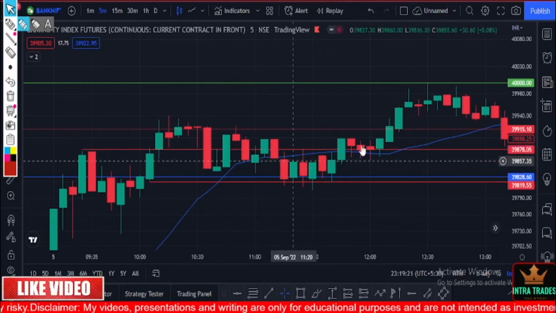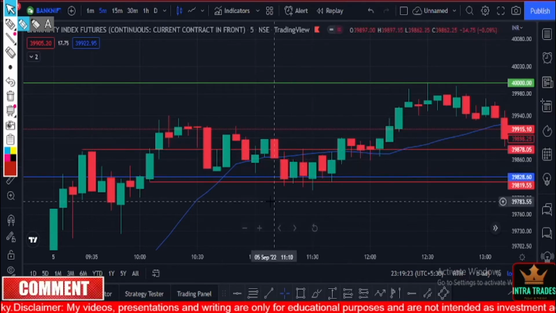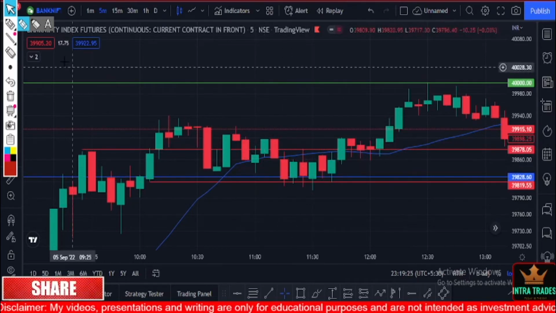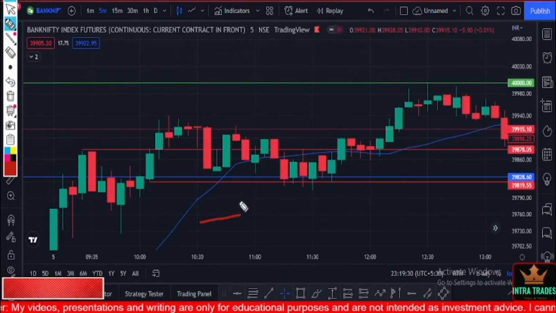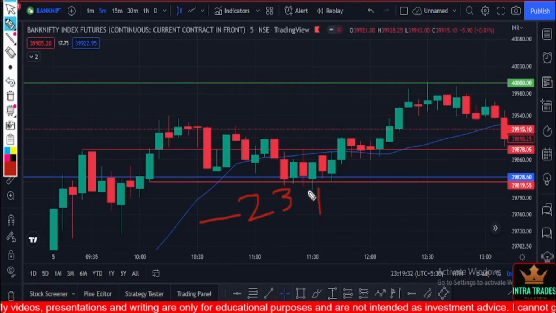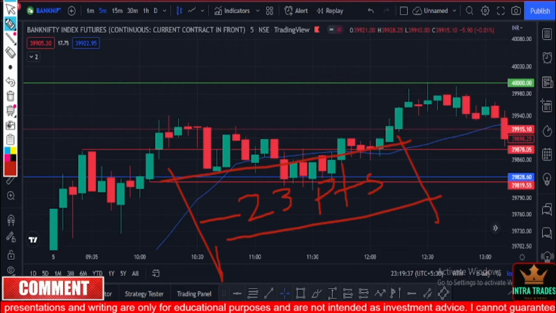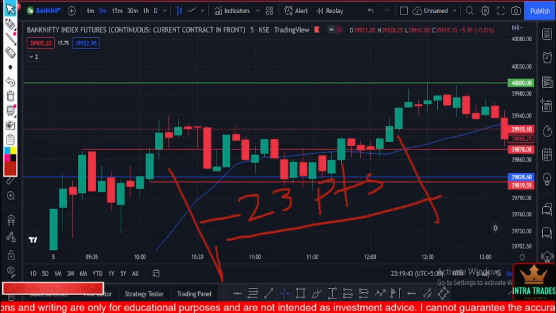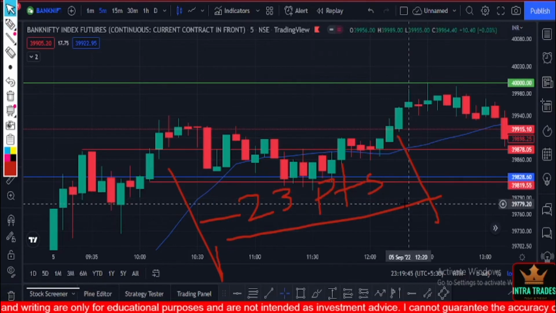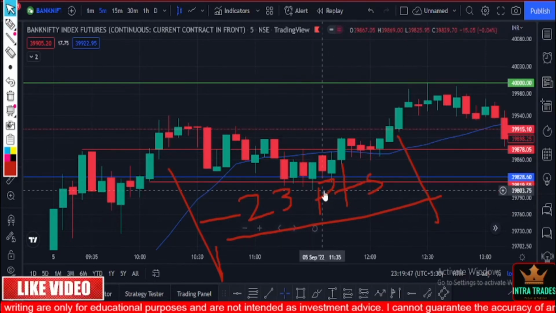It was sideways, so I decided to exit the trade at minus 23 points. Yes, it was a loss trade. I accept that, but I can take these 23 points by tomorrow itself or in the next trade itself.